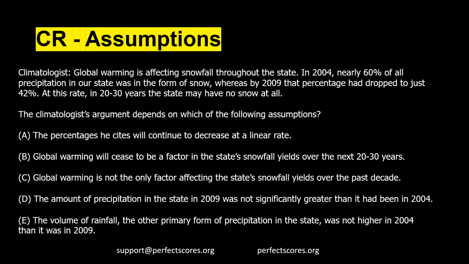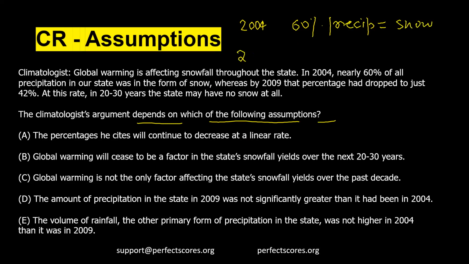So again, the question is, the climatologist's argument depends on which of the following assumptions? It says global warming is affecting snowfall throughout the state. In 2004, 60% of the precipitation was in the form of snow, whereas by 2009, that percentage had dropped to 42%.